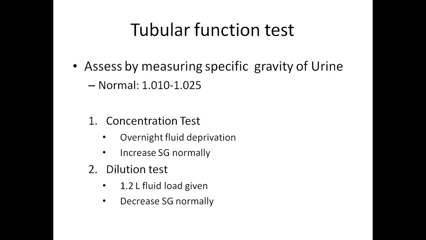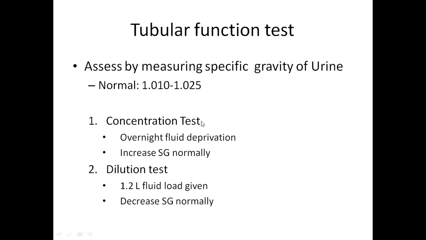If renal tubular cells are damaged, then the urine concentration and dilution ability of the renal tract is impaired, and that can be easily measured by measuring the specific gravity of the urine. Normal specific gravity of the urine is 1.01 to 1.025.